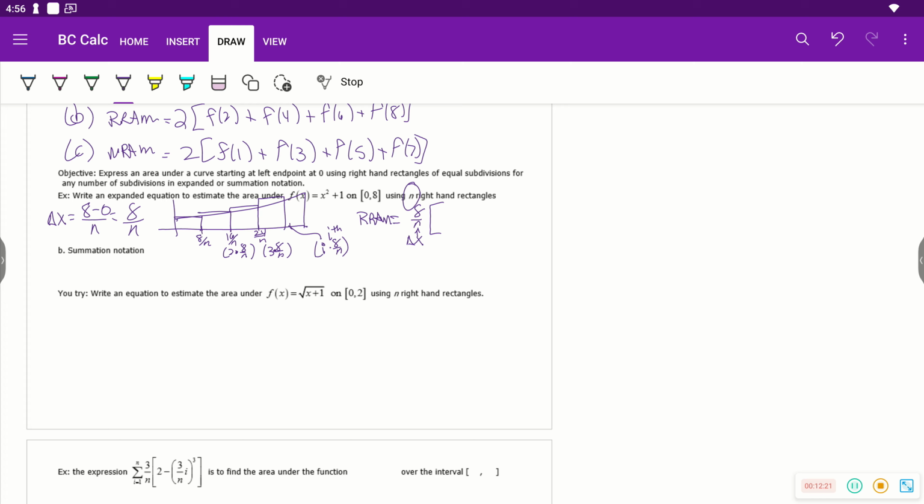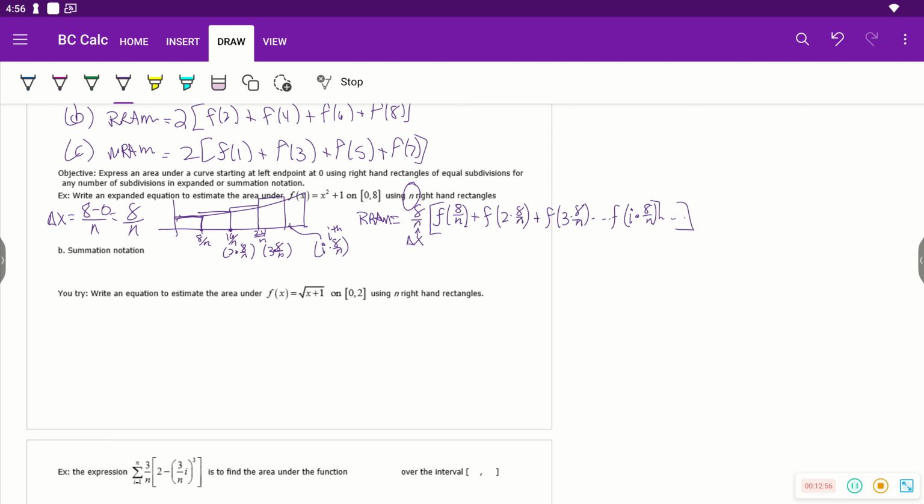The heights are, well, the first height is the function at 8 over n. The second is the function at 16 over n, or 2 times 8 over n. The third height is f at 3 times 8 over n, and so on. Generally, the height is the ith 8 over n, and so on.